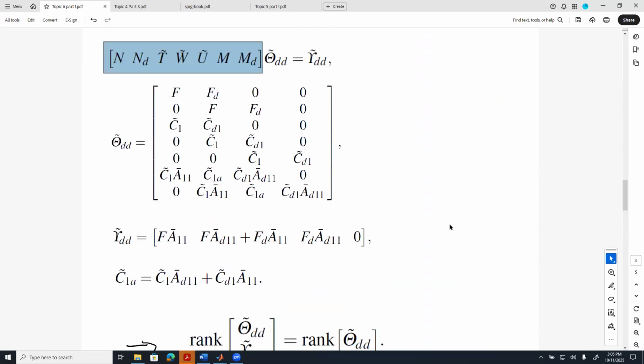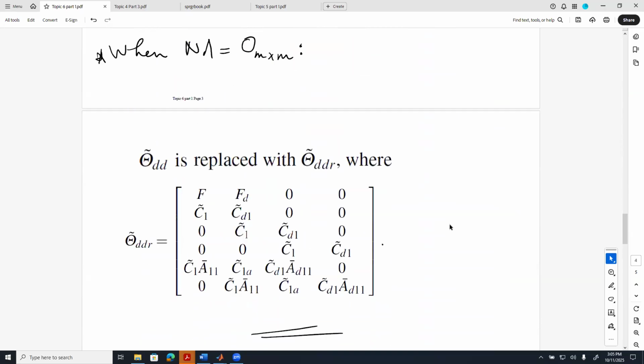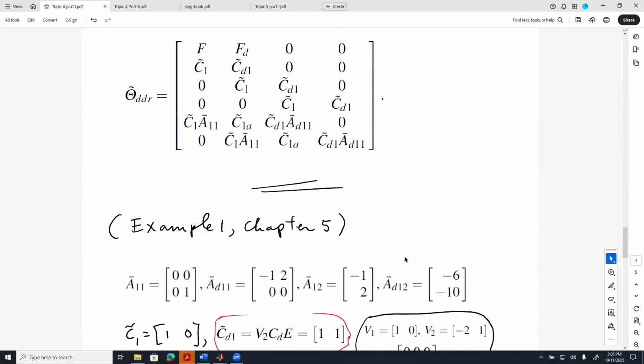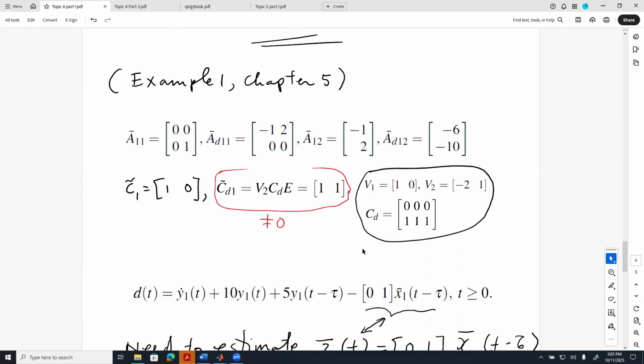And then if it is satisfied, we can look for the stability of the desired observer. And we took an example to demonstrate the case where this matrix is non-zero, in contrast to the previous example where it is 0, so the first order observer without internal delay does not exist.